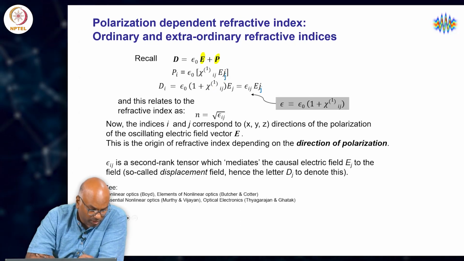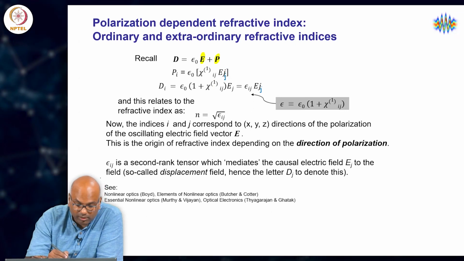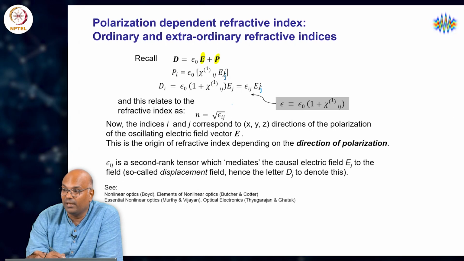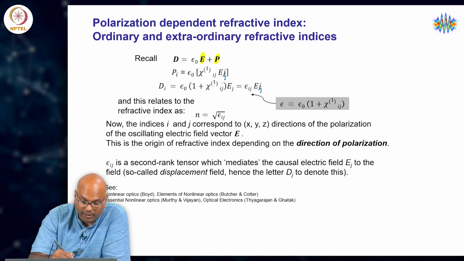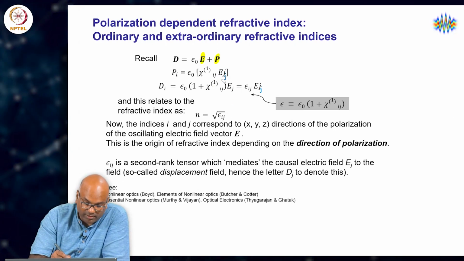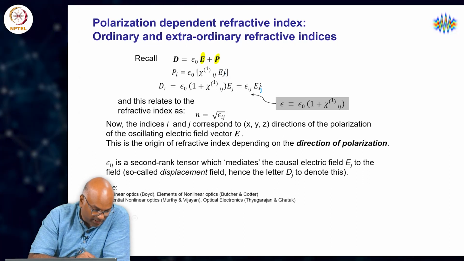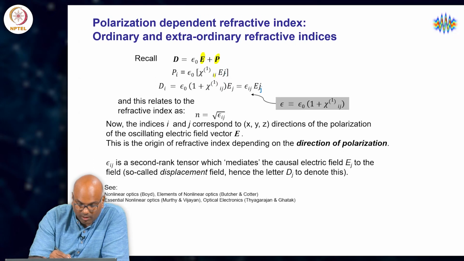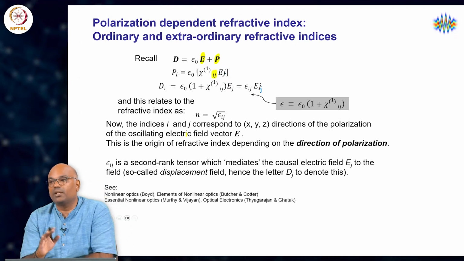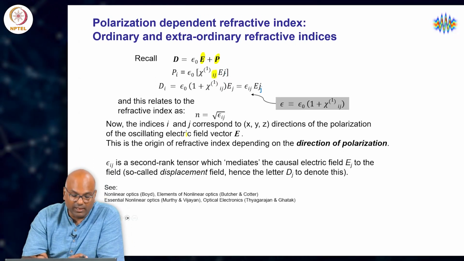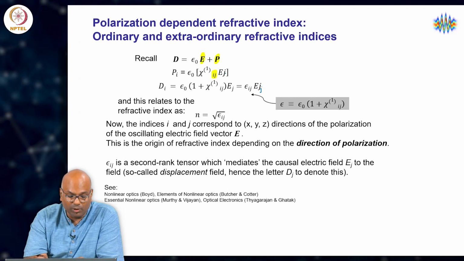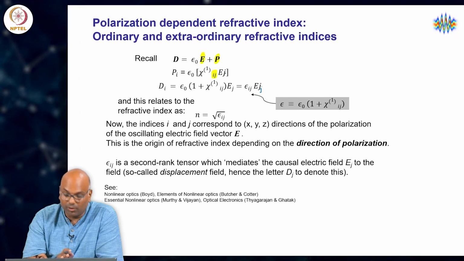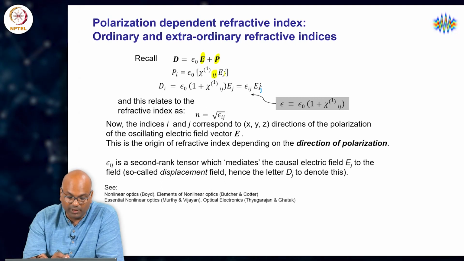Therefore, the two vectors E and P can not only be mediated by a scalar in this equation, they can also be mediated by a second rank tensor if you wish. That second rank tensor is chi ij, and when we write the scalar equation, Pi is epsilon naught chi times Ej or Ei, whatever must be the case there.